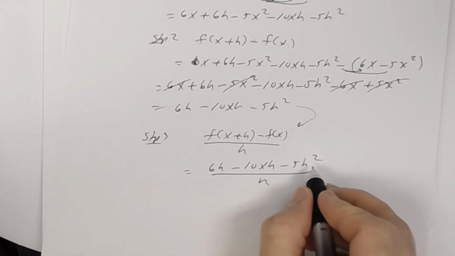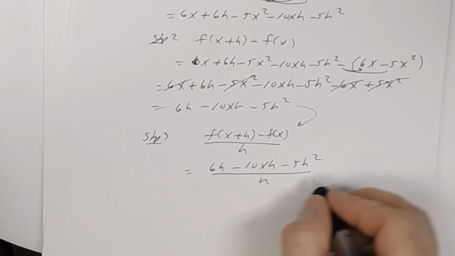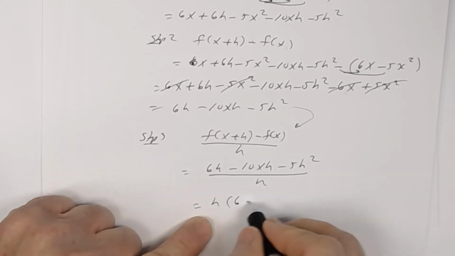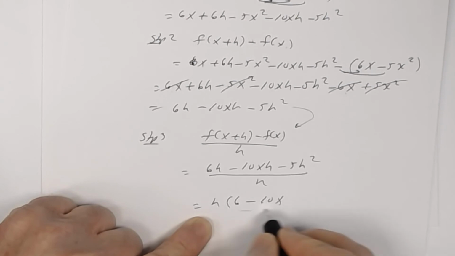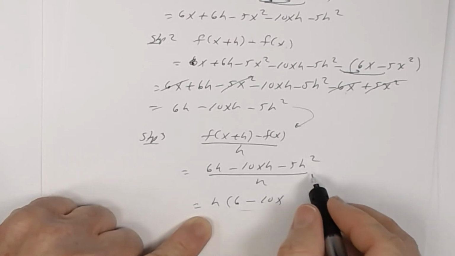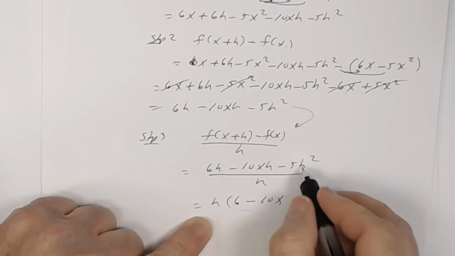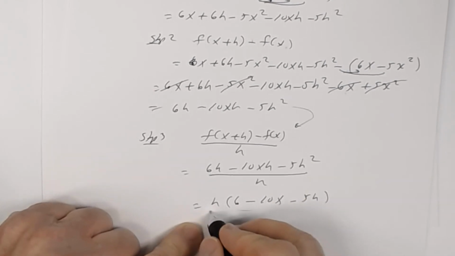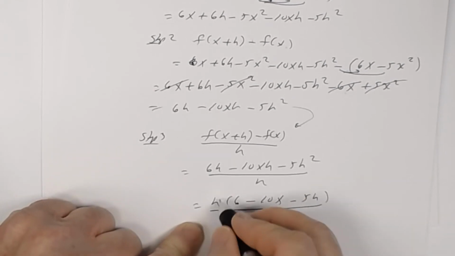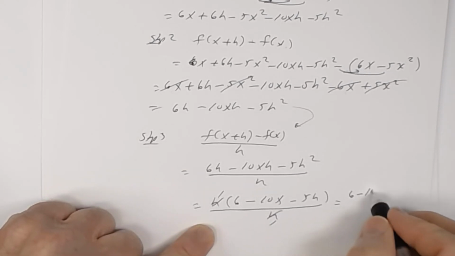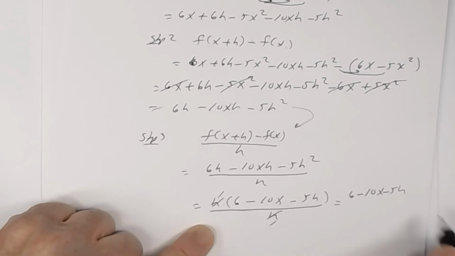You also have to show that you're factoring out an h. So you get h times 6 is 6h, minus h times 10x is 10xh, and then h times minus 5h is negative 5h squared, all divided by h, and now these divide out, and your answer is just 6 minus 10x minus 5h.